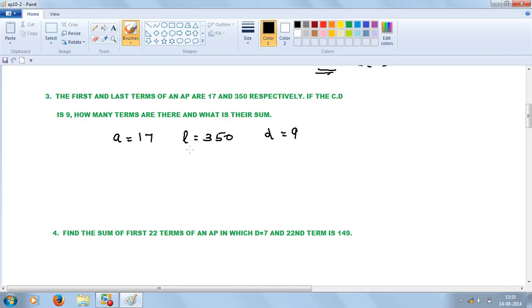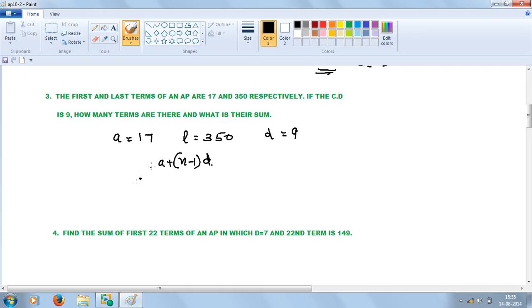So what is the nth term? The last term is equal to a plus n minus 1 multiplied by d.